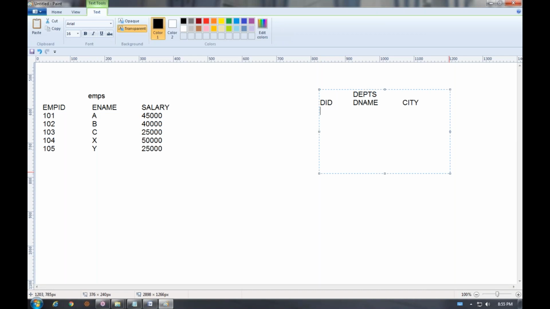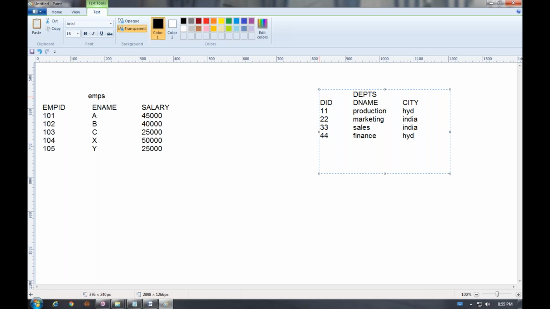Department ID 11, department name production, and department city HYD. 22, department name marketing, India. 33, sales, India. 44, finance. Here the city is HYD. This is the department's information.